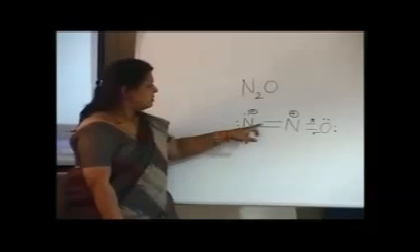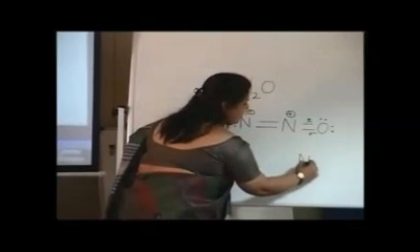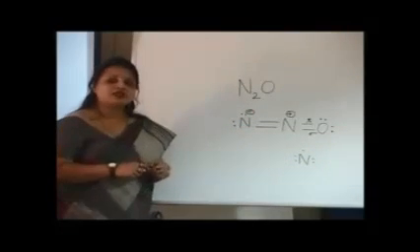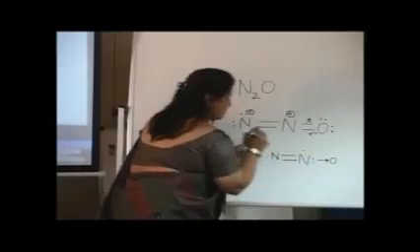Okay. Now, this central nitrogen atom has 5 valence electrons, 1, 2, 3, 4 and 5 initially like this. Normally what happens is that it forms a coordinate bond with the oxygen atom. Some of the books definitely show this structure also.